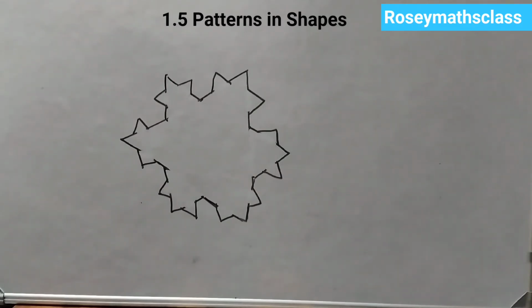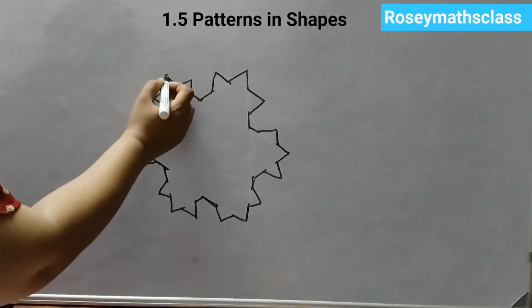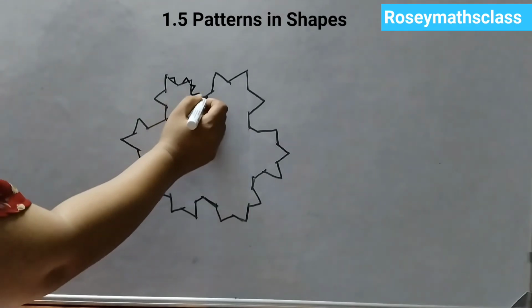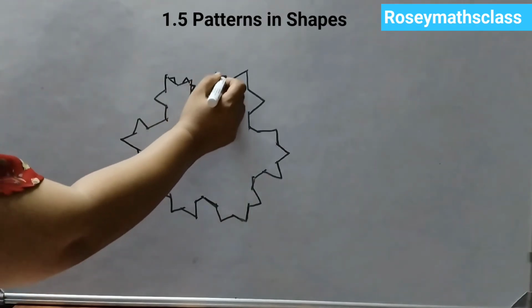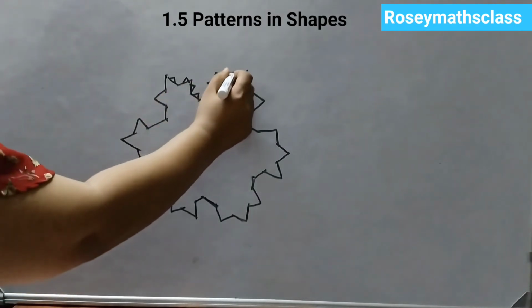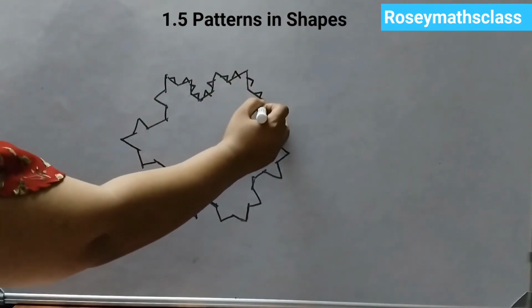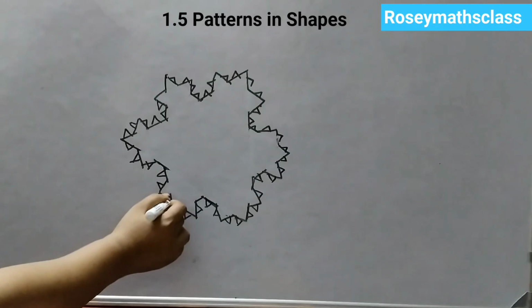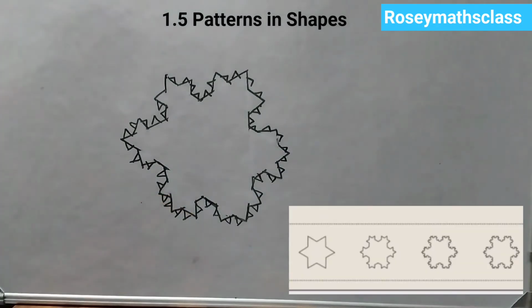This is the third figure as given in your textbook. Now to get the next figure, the fourth figure, again you need to draw small triangles here. Small triangles. Like this. Each side would have small triangles. This is how you need to draw Koch Snowflake sequence.